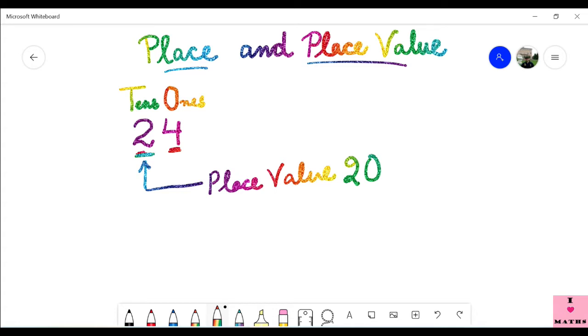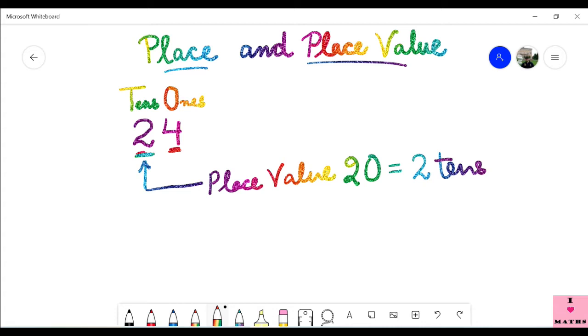Why 20? Because 2 is at tens place. And how do we get 20? Because 2 tens is 20. So the place value of 2 is 20.